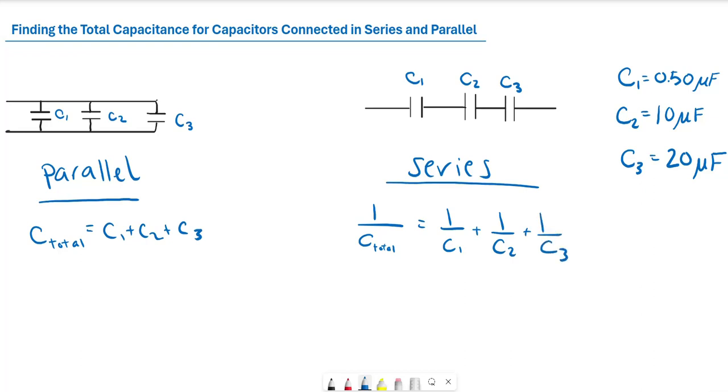Of course, if you have a different number of capacitors, like 4 or 2, it would just be 1 over C1 plus 1 over C2, or if there are more, you just keep adding 1 over that capacitance.